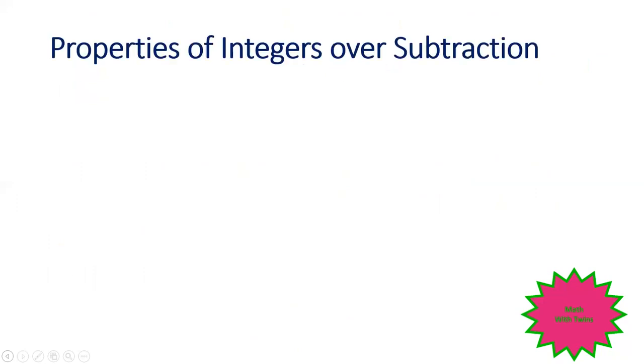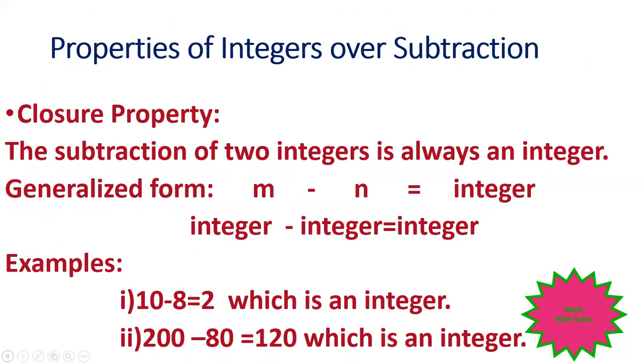Properties of integers over subtraction is our fresh topic. Let's go through our first property, which is closure property. It says that the subtraction of two integers is always an integer. Let's go through a generalized form: difference of m and n equals an integer. That is, difference of an integer and an integer results in an integer itself.